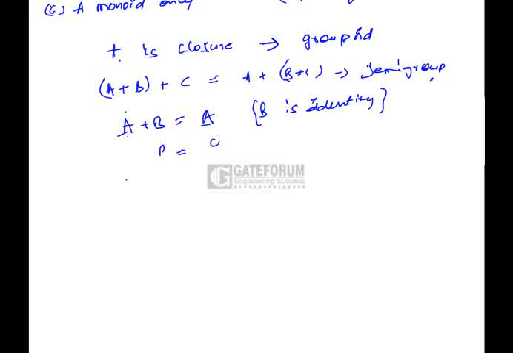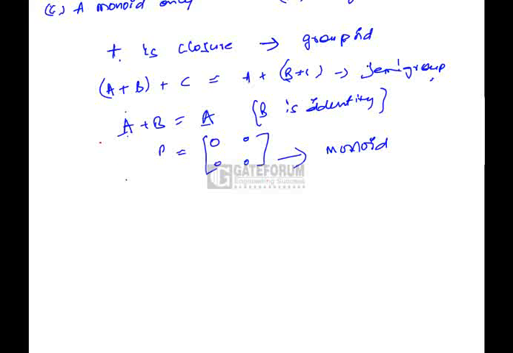So we can say B is the zero matrix, 0 0 0 0. So an identity element exists for the given algebraic structure. So up to here we can say it is a monoid. A monoid is nothing but a semi-group plus an identity element.